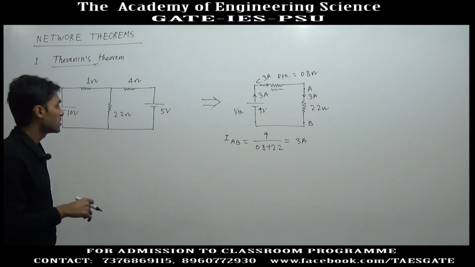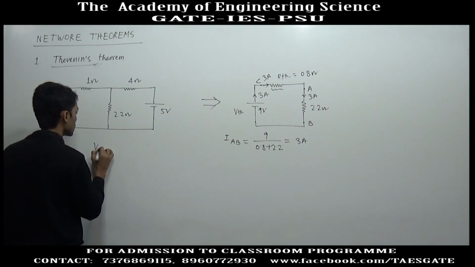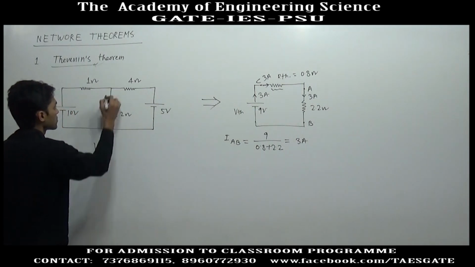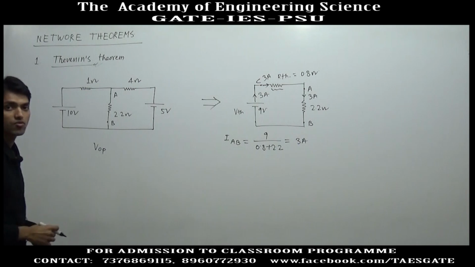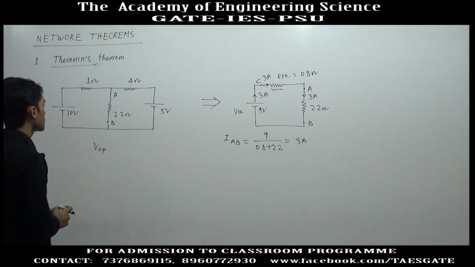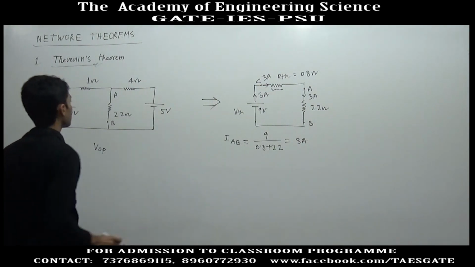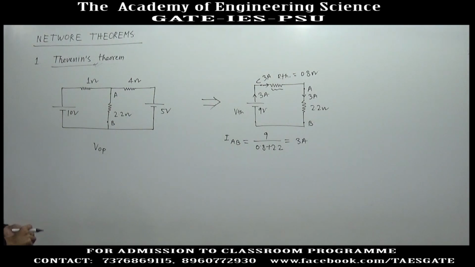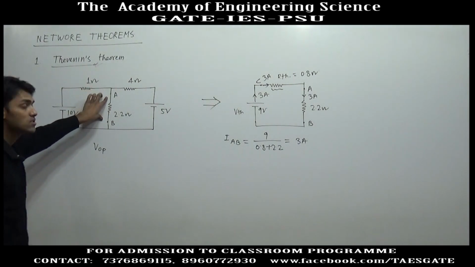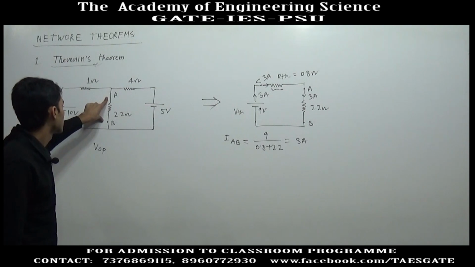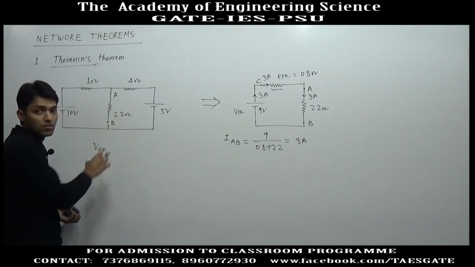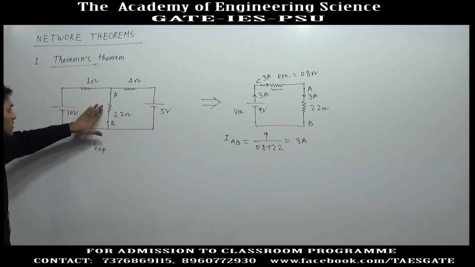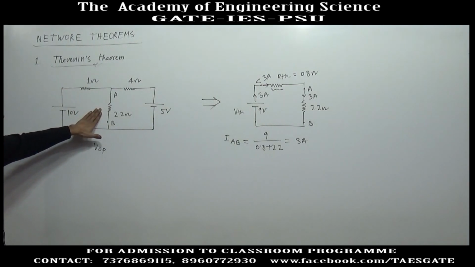In the Thevenin equivalent circuit, we always calculate the open circuit voltage across the terminal about which we have to transform the circuit. Now suppose in this question only, you are asked to find out the potential drop across the 2.2 ohm resistance. If you are asked to find out the potential difference across this resistance, it means that the resistance is physically connected in the circuit.